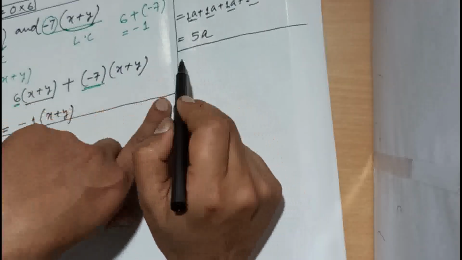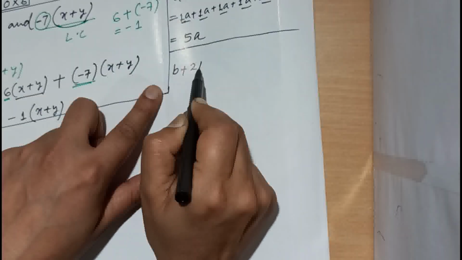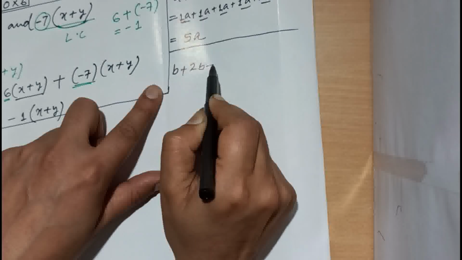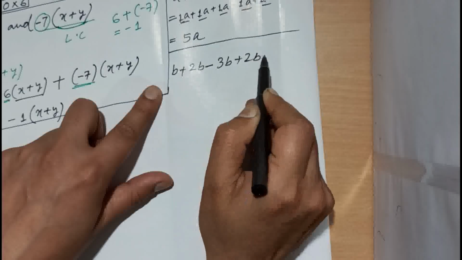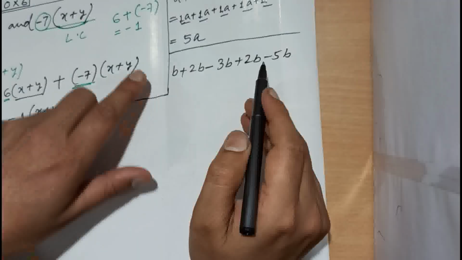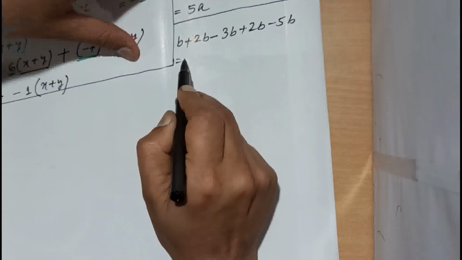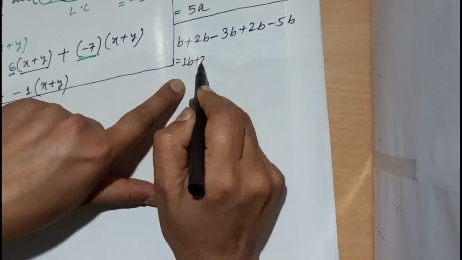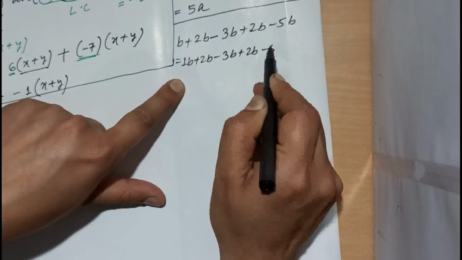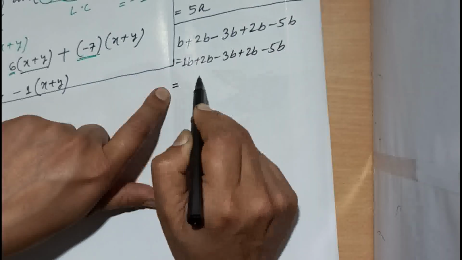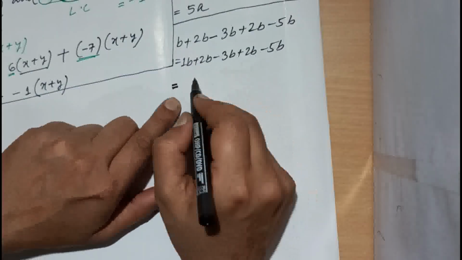So let us take another example. b plus 2b minus 3b plus 2b minus 5b. Now this one we can write as 1b plus 2b minus 3b plus 2b minus 5b. Now you first rearrange all the positive terms together and then the negative terms together.